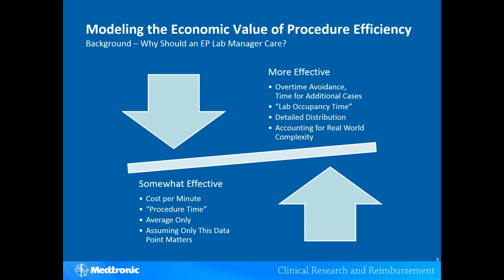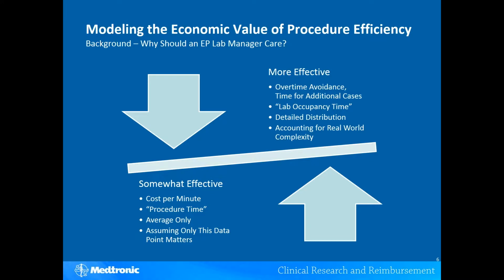So the cost per minute wasn't a very meaningful metric. As I discussed already, focusing on procedure time wasn't as meaningful for them. That showing these averages and helping them understand the averages without the variability wasn't very impactful. And then it was assuming only this procedure time data mattered and there wasn't anything else that mattered.